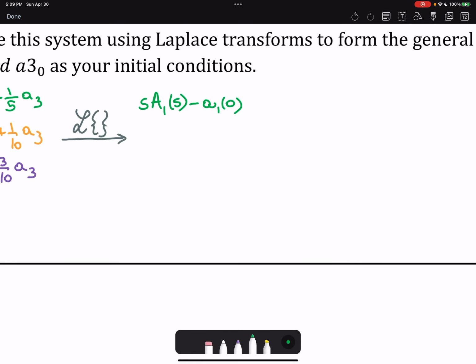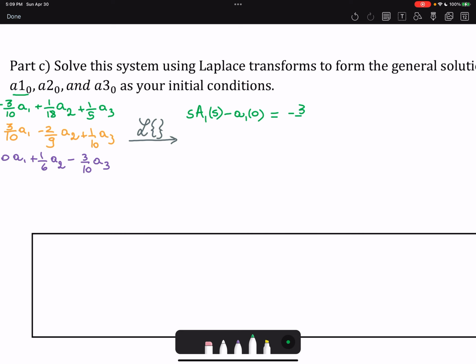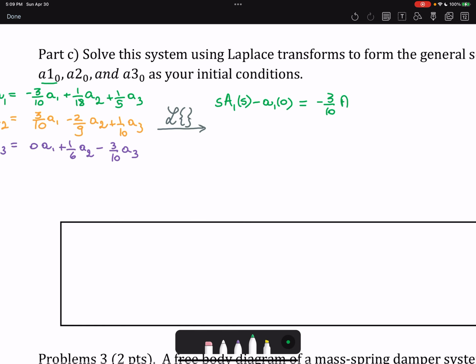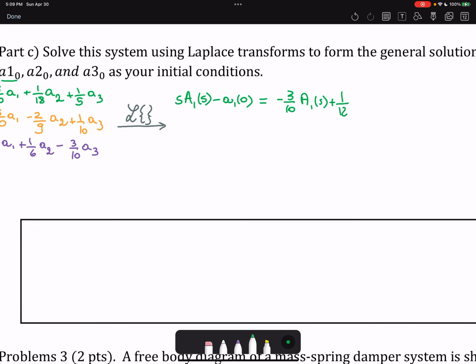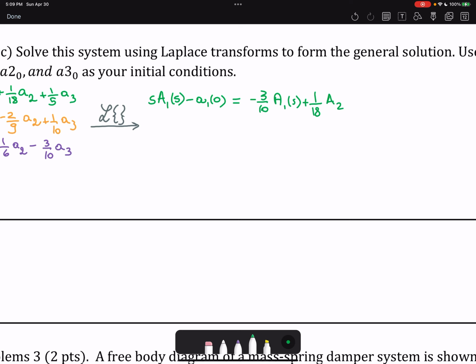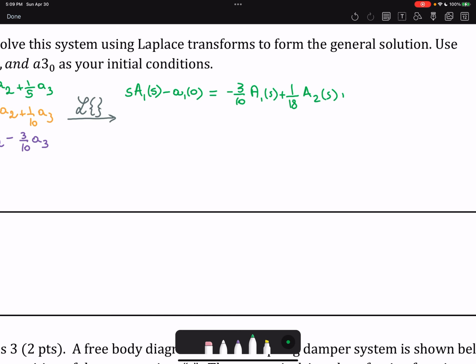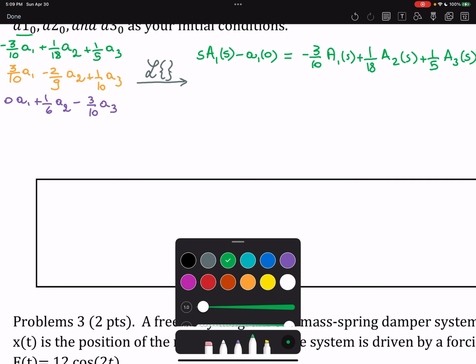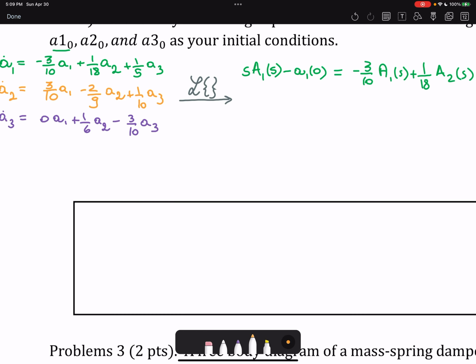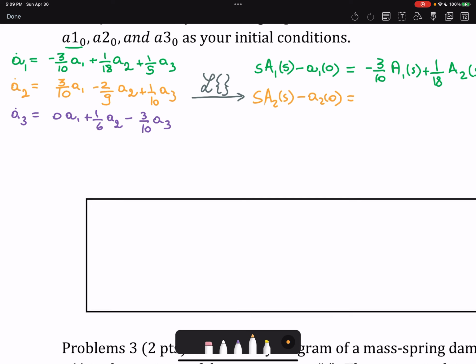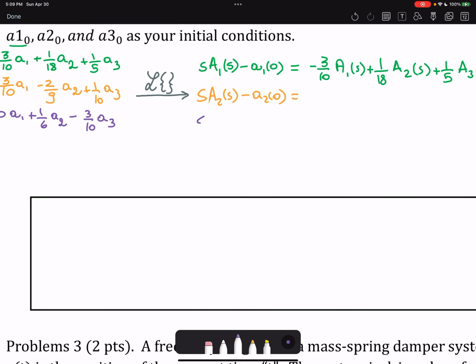And then on this right-hand side, we're going to have minus 3 over 10 times the big A sub 1 of s plus 1 over 18 times big A sub 2 of s plus 1 over 5 times A sub 3 of s. Now we're going to do the same thing for the second one, and the third one's also going to be like this.